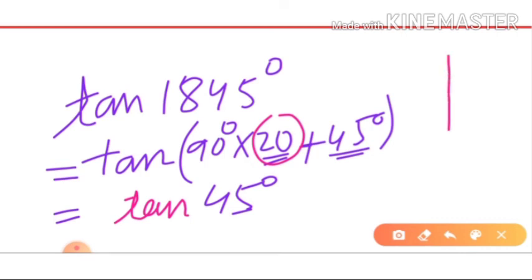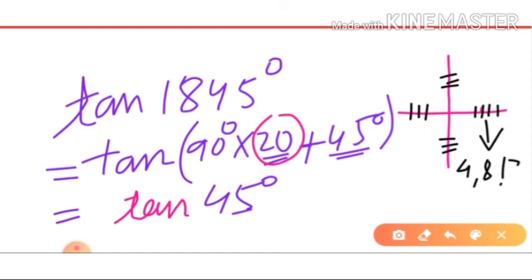Now we'll see on which quadrant it falls. Now see this, this is 0, this is 1, this is 2, and this is 3, and this is again 4. Then this is 5, this is 6, this is 7, this is 8, 9, 10, 11, 12. Now if you look here, it falls on 4, 8, then 12. That means we are sure that it will always fall in such a way that it is a multiple of 4.